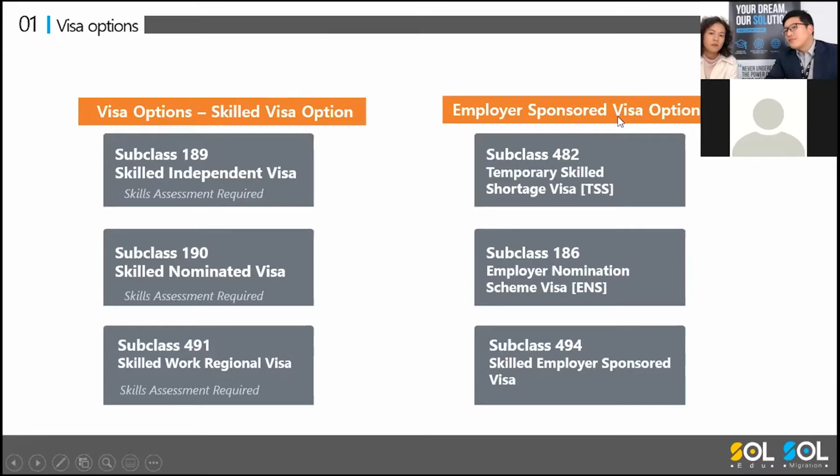Under the employer sponsor visa group, you have 482, 186 and 494. 482 and 494 are temporary visas, but 186 is the permanent visa option. Even though 491, 494 and 482 are temporary visas, if you meet certain requirements while holding these visas, you can still move on to the permanent visa option as well.